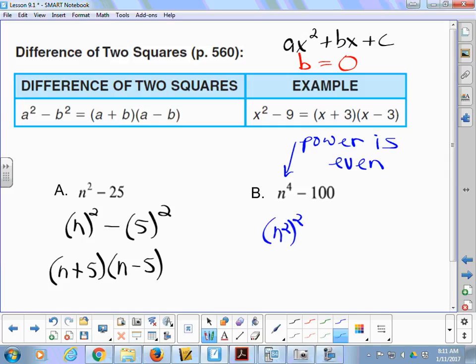So you just have to cut that power in half to find it. Because if you remember the rules of exponents, we would multiply these two together to get the fourth power. And then we have 10 squared here. So we do n squared plus 10 and n squared minus 10.